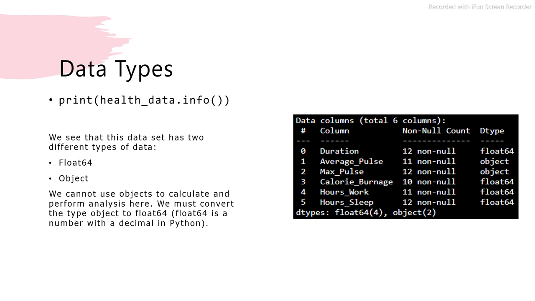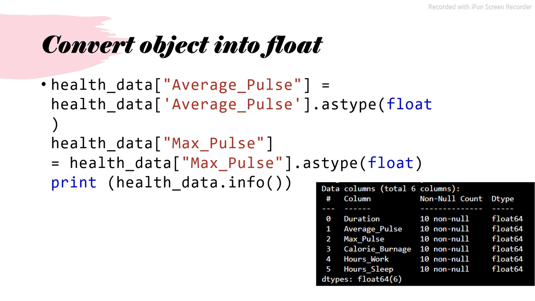Why? Because these two columns, average pulse and maximum pulse, are displayed as object. I want to convert these two into floating point so that the machine learning model will handle the data. After converting object into floating, you can see the output here.